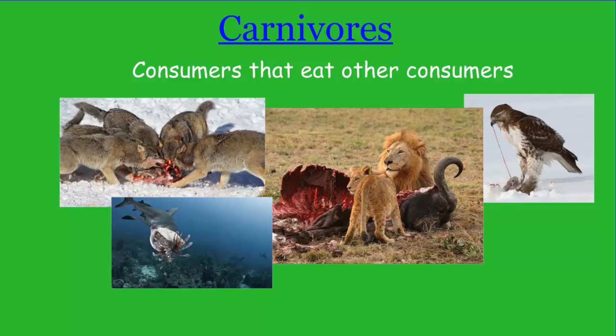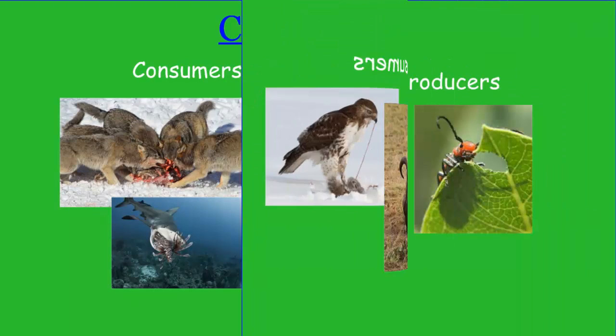They're the ones that everyone remembers in an ecosystem because they're the most visible. They're out there eating other things. It looks cool as organisms hunt other organisms. It's something that we definitely relate to. You can see some examples of carnivores on your screen: sharks, wolves, lions, hawks.